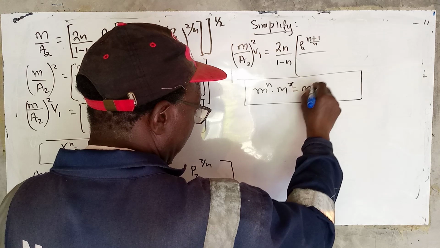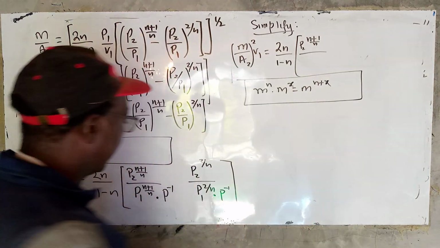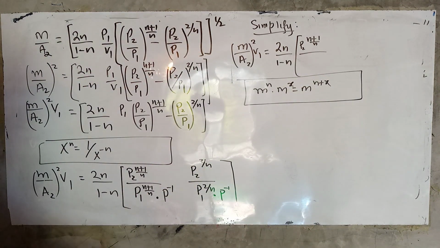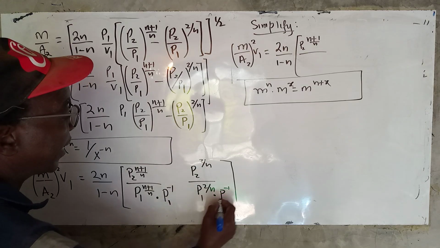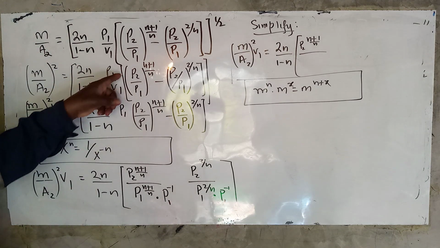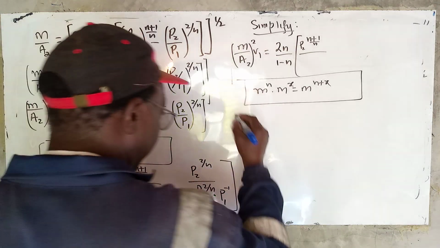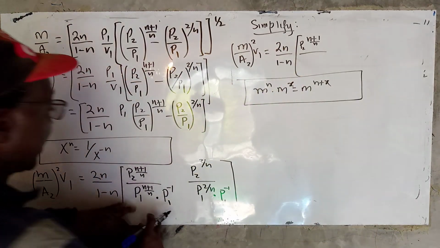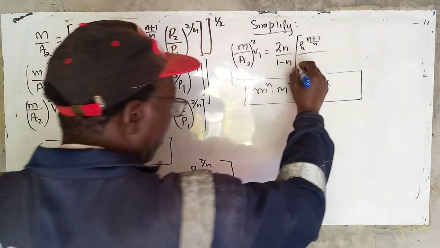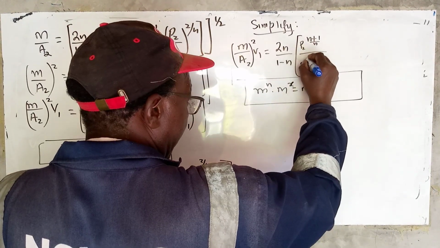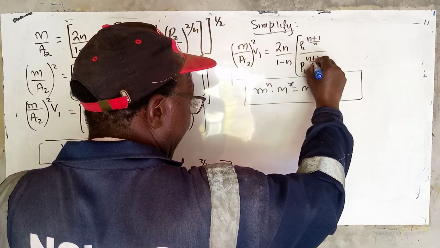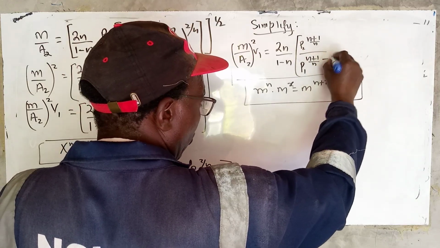That will be m to the n plus x. So we will use that here. Remember that was P1, which we got from there. So we can use that law of exponents. And so this particular one will be P1 to the n plus 1 over n minus 1.